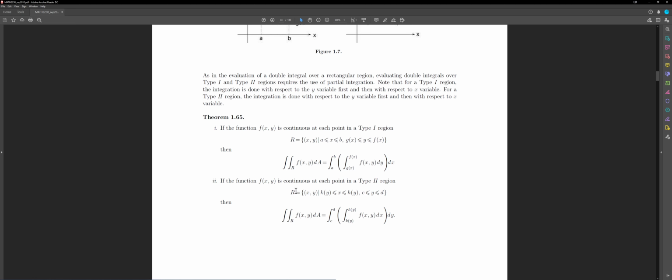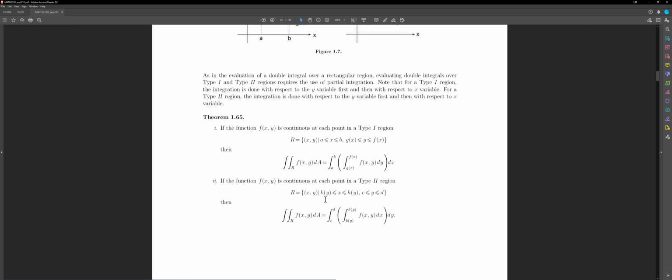And well, how do we evaluate a double integral for a type 2 region? Well, how you evaluate it is given by this formula over here. Now remember, when it was type 1, what you were doing is you integrate with respect to y first. Now for type 2, what you do is you integrate with respect to x first, right? Now the x is lying between two functions of y, so your limits of integration for the x now would be these functions of y. This is the top one, the h of y.